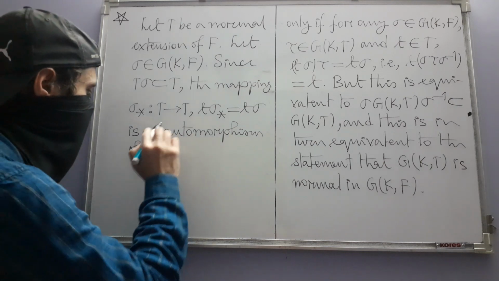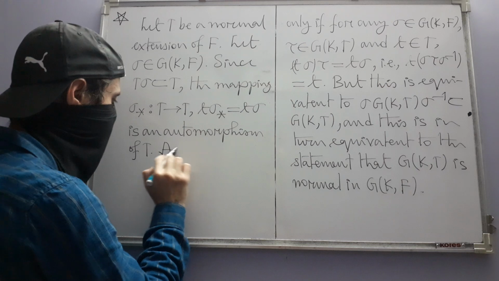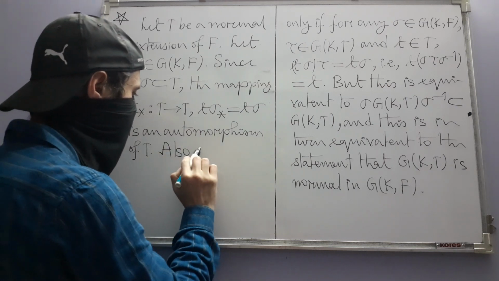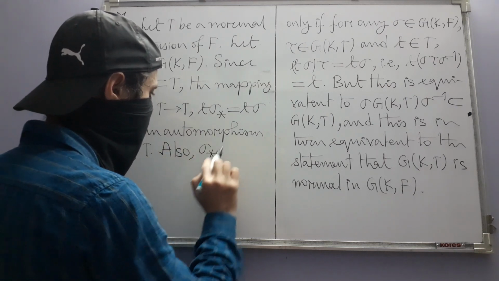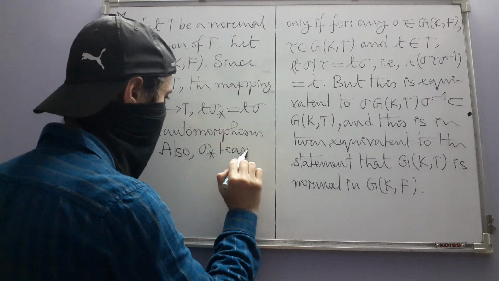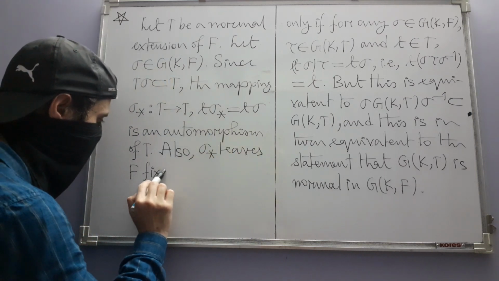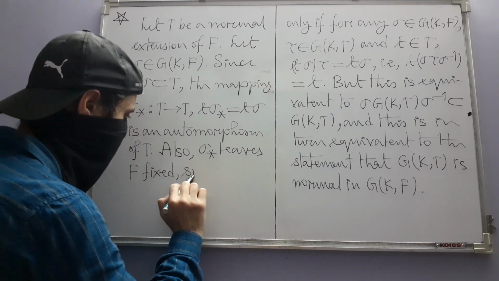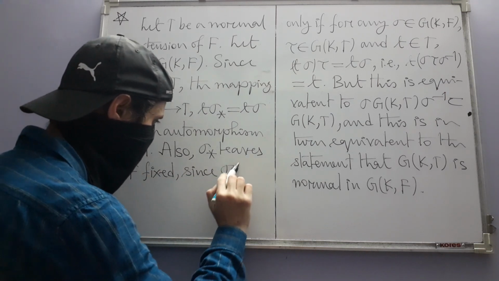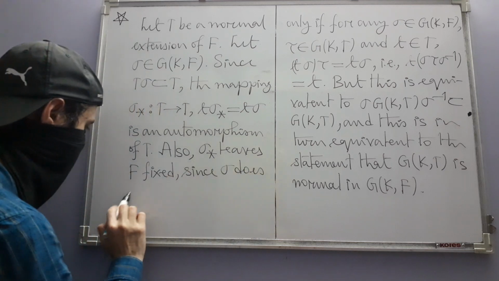Moreover, sigma star leaves F fixed since sigma does so.